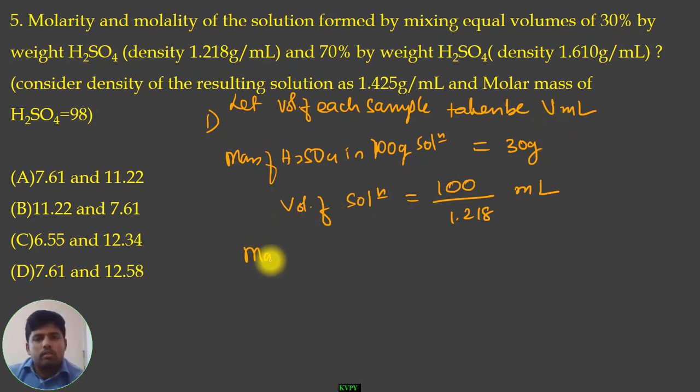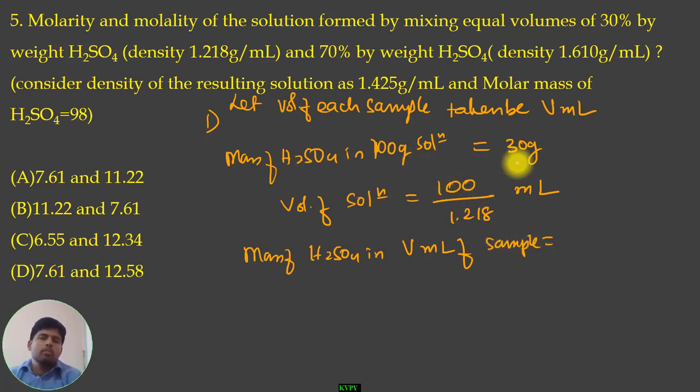So mass of H₂SO4 in V mL of sample, because 100 gram of sample has 30 gram of H₂SO4. The point is, this much mL has 30 gram, V mL has how many grams? So it's a unitary method.